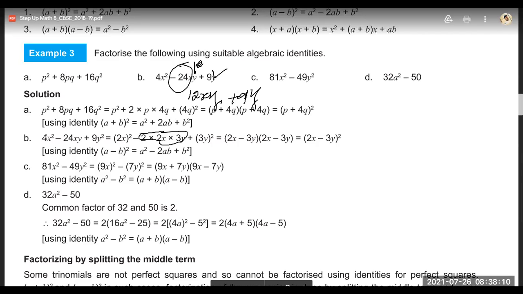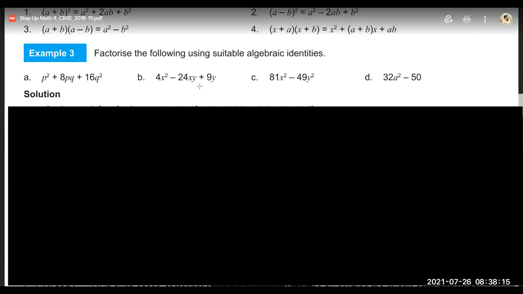Now let me apply the identity here. 4x squared can be written as 2x whole square, then minus 2 into. If you want to use the identity a minus b whole square or a plus b whole square, you must write it in the same form. So in the expansion of a minus b whole square, there should be minus 2 into a. What should come in the place of a?